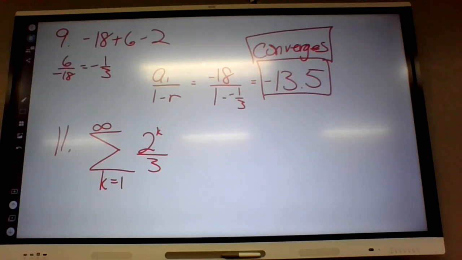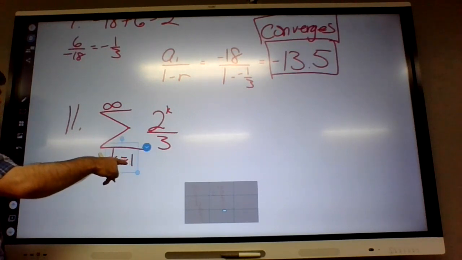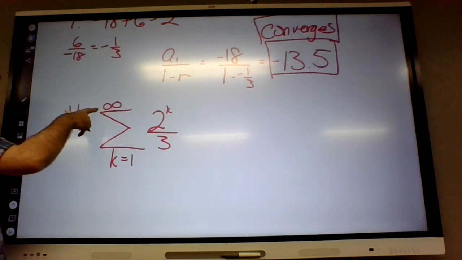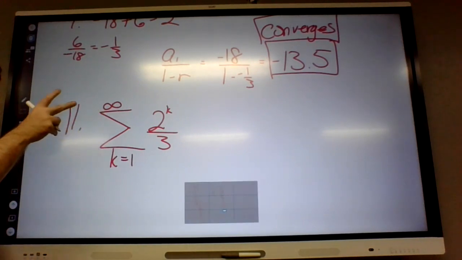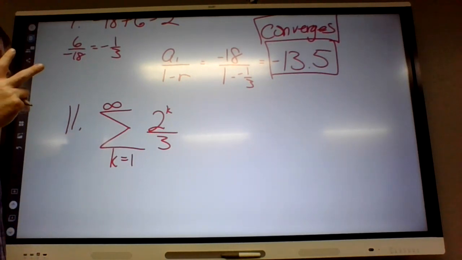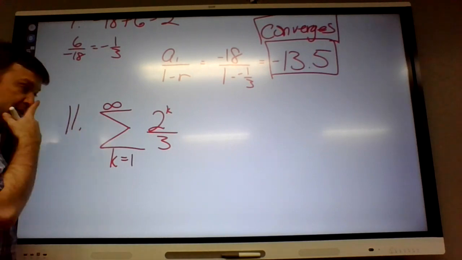Okay, so what it means, if you recall, is we're supposed to plug in 1 for k, and then 2, and then 3, in this case all the way to infinity, and add all the terms together. So it is a series.